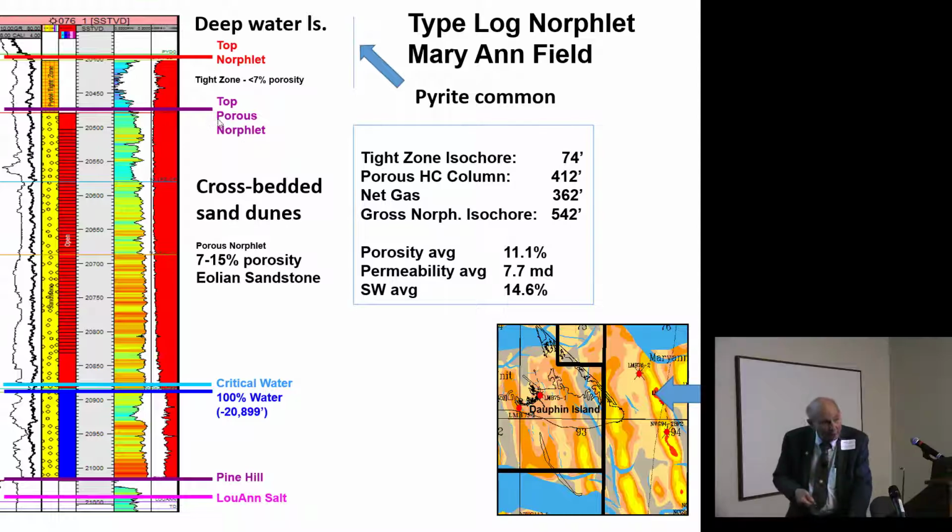Now, I've seen a core of the Norphlet. It's a cross-bedded red sandstone. Well, in a core, it's not very cross-bedded because you only get that much, but it's definitely various tilting beds in the core. And at the top of the core, it's full of pyrite. That was an opportunity where one could see they started coring too early and got some of the overlying material.